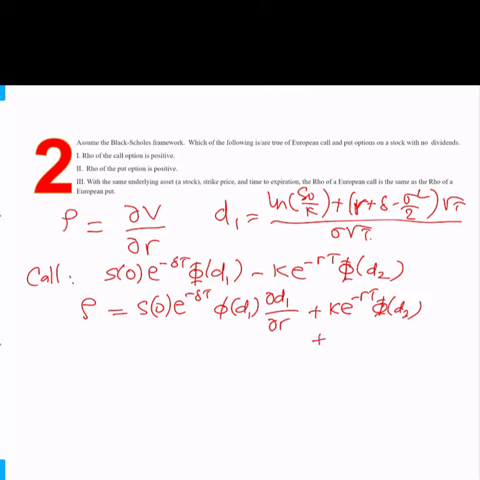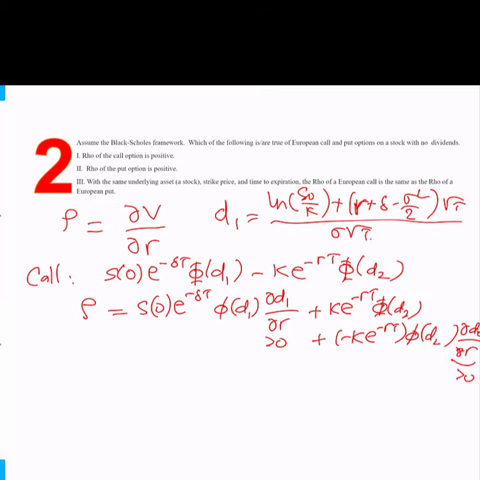And don't forget this is product rule, so we have to add minus K e to the minus rt little phi of d2 times the partial derivative of d2 over delta r, right? So for this one, rho, d1, partial derivative d1 over dr. You see that the partial derivative of d1 over dr is always positive, right?